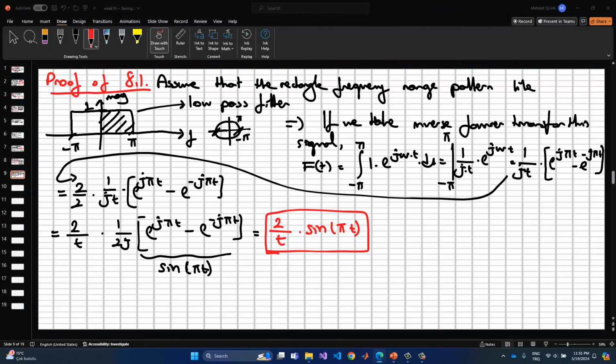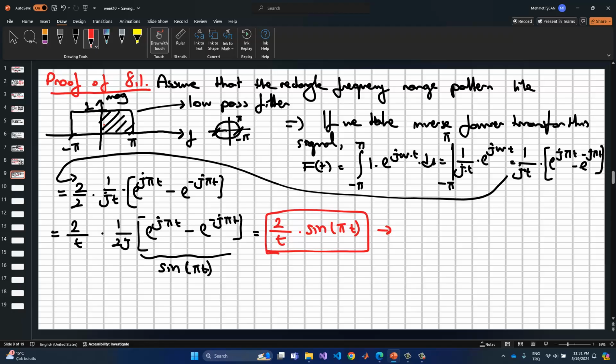And if we only have half of the band in here, this formula becomes sin(pi t) divided by t. And if we normalize our signal, because we have pi in here, we need to divide by pi, and so pi divided by pi equals 1, and this is the normalized frequency for a given cutoff, right?